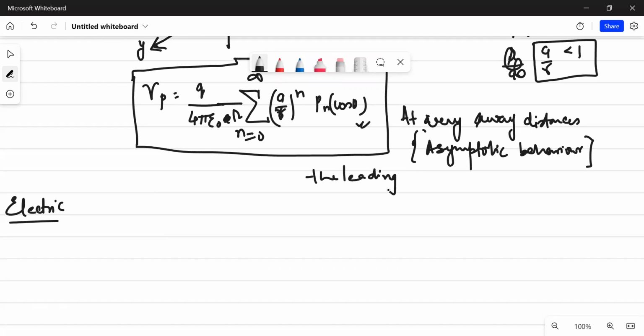and at times when you do not have any sort of poles because you're talking of a single charge, so at times this is sometimes referred to as monopole.